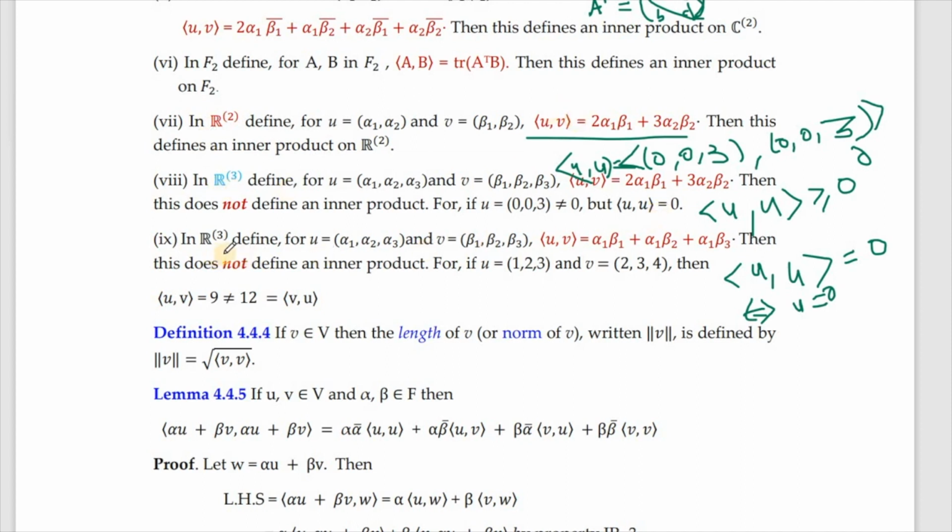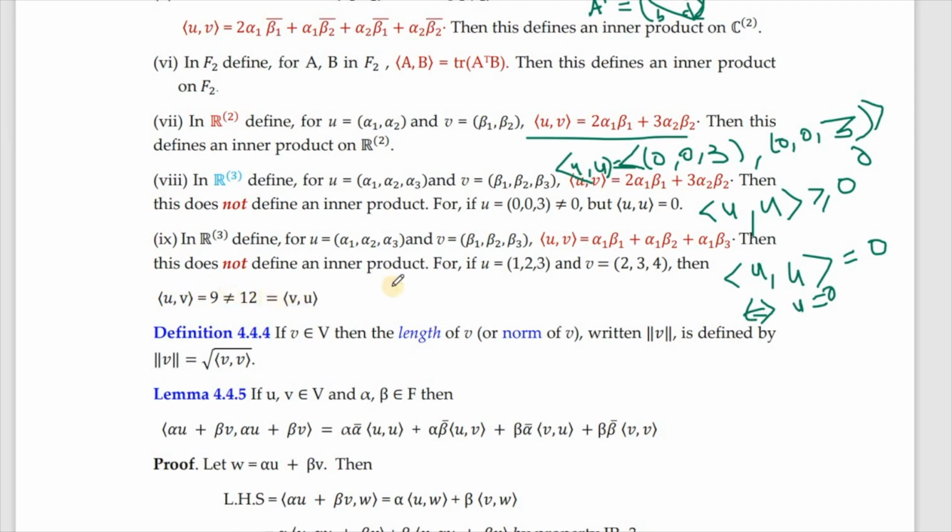So here we are going to define in R3 inner product of U and V to be alpha 1 beta 1 plus alpha 1 beta 2 plus alpha 1 beta 3. Then this does not define an inner product. If U is 1 2 3 and V is 2 3 4, then when you compute your inner product UV, you have this to be 9 and inner product VU to be 12.